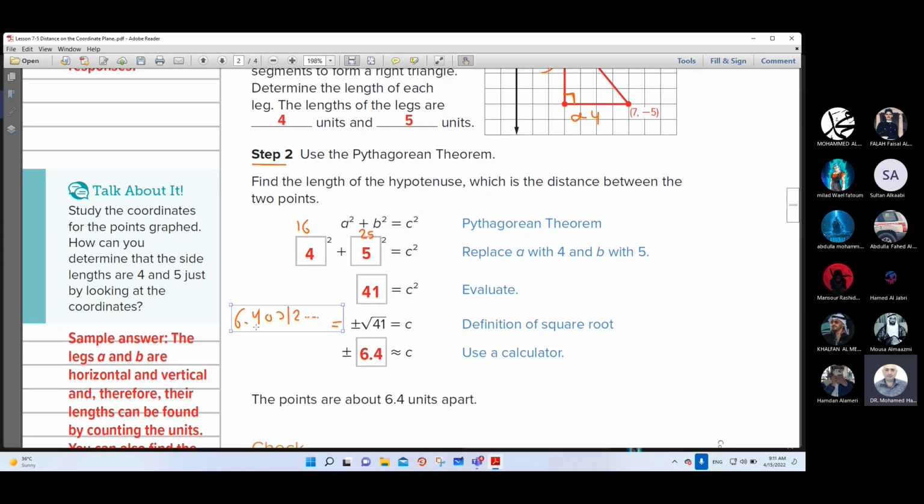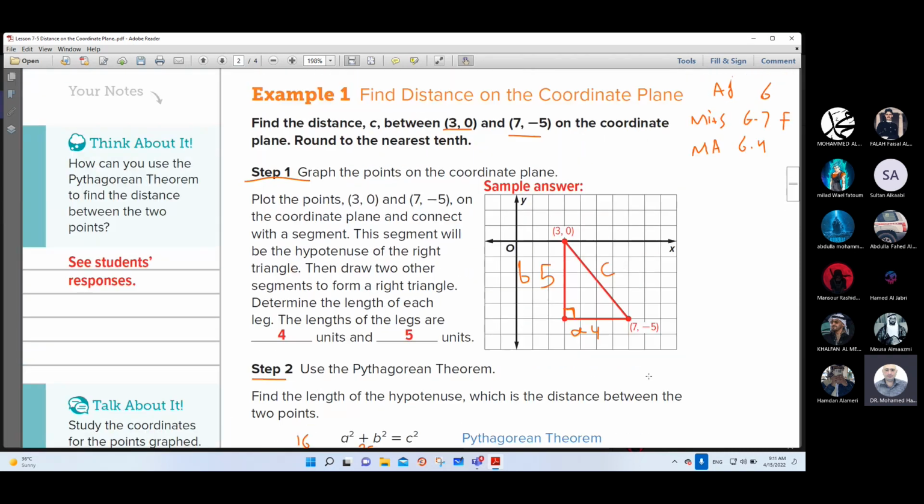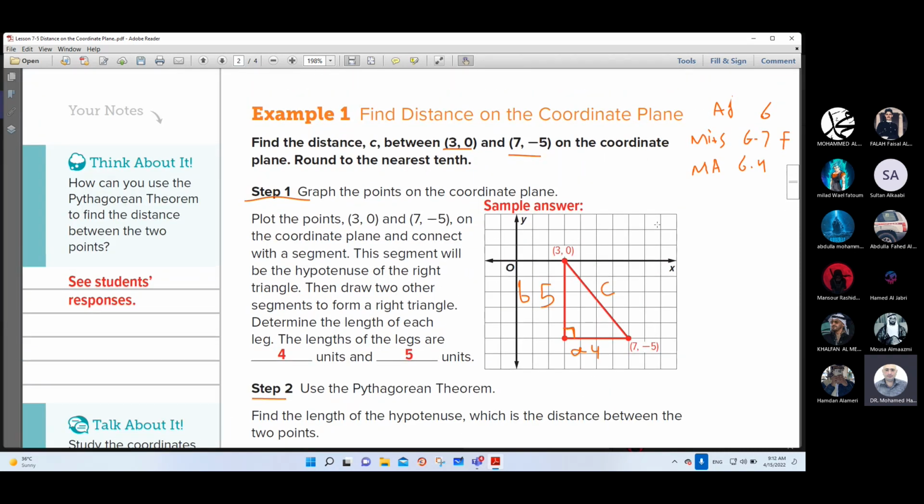This is the tenth. So look to the right number. The right number is 3, so it means keep the same digit. So the answer will be just 6.4. The answer is just 6.4. Thank you for all.